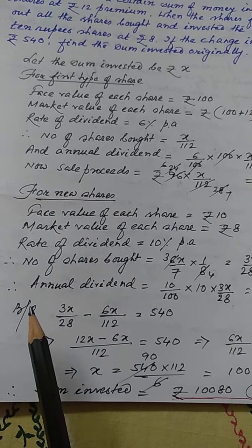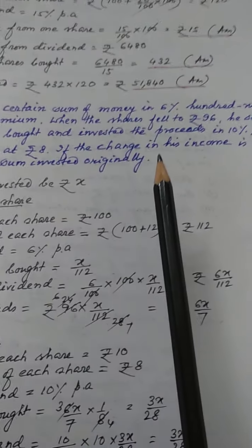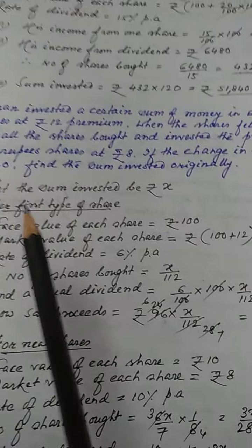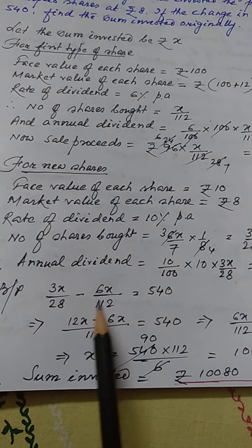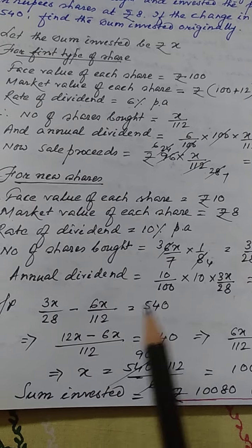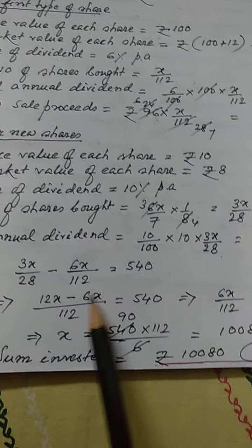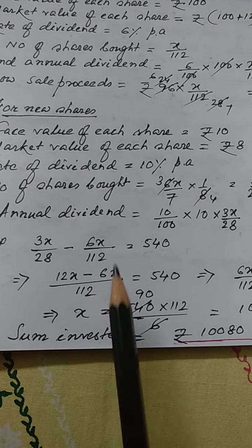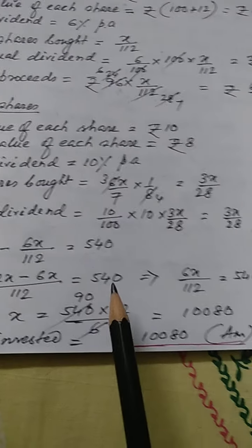But the change in his income is given as rupees 540. So the difference of the two dividends, that is 3X by 28 minus 6X by 112, will be equated to rupees 540, and then the LCM is 112, so it's 12X minus 6X equal to 540.